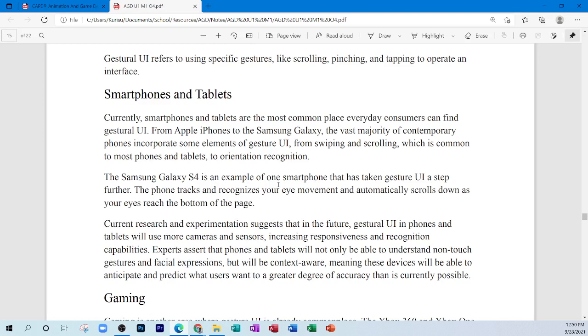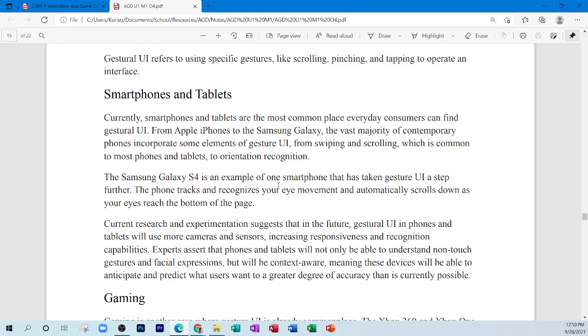Good. So gesture based is basically movement, some form of movement that is mapped to some form of action on a device, whether a computer or some sort of system. So, for example, our smartphones, when we swipe up, when we swipe down, it moves whatever is on the screen.